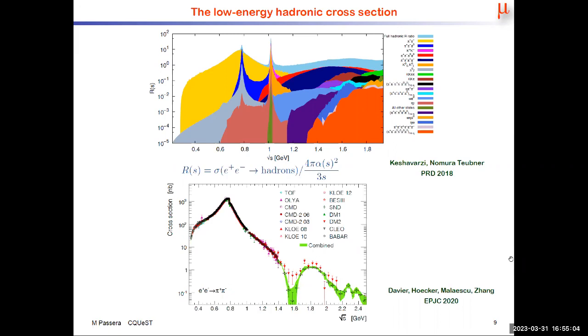No, everything has to be included, absolutely everything. And this is the list of channels. It's not even a full list, actually, but it's the most important ones. And it is plotted up to this energy, but I just chose this particular plot. Of course, you go up in energy. Then at a certain point, you will start trusting perturbative QCD, and then you can switch to perturbative QCD.